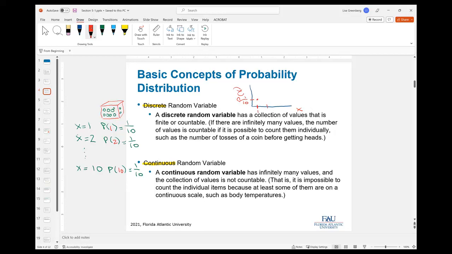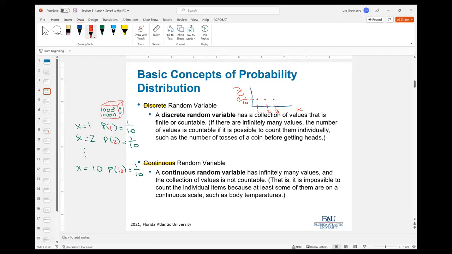The probability of getting a 2 is also 1/10, and so on. Now, can I connect those dots? No, because there's no possibility of getting a 1.5. So I can't put a value in between 1 and 2. That's what makes this discrete. Discrete has distinct values.